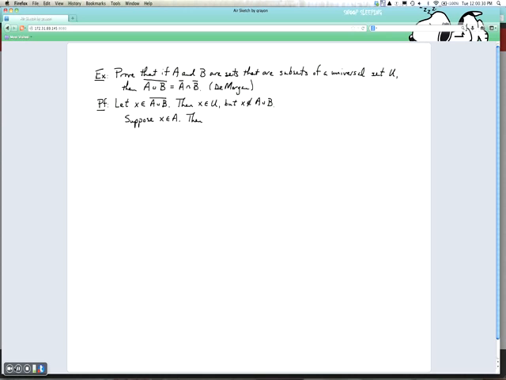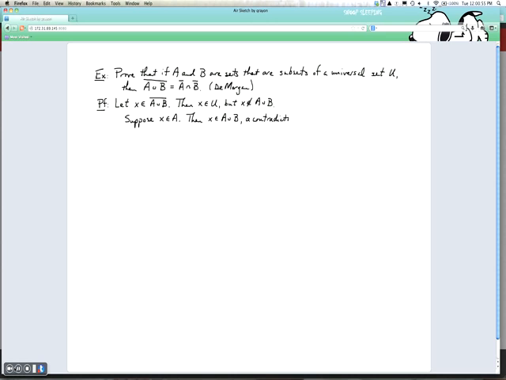Well, if that's true, and this is the way we'll show that things aren't in sets. We'll suppose they are and then show that that messes stuff up. Then if it's in A, X would then be in A union B because it's in one or the other. A contradiction.